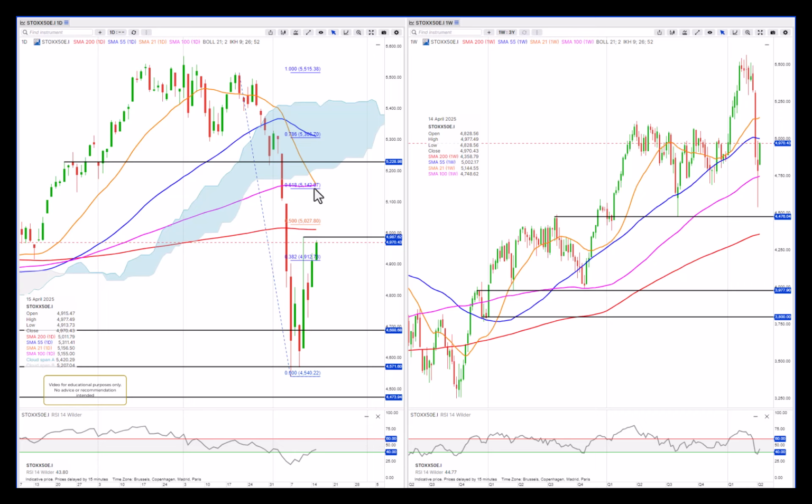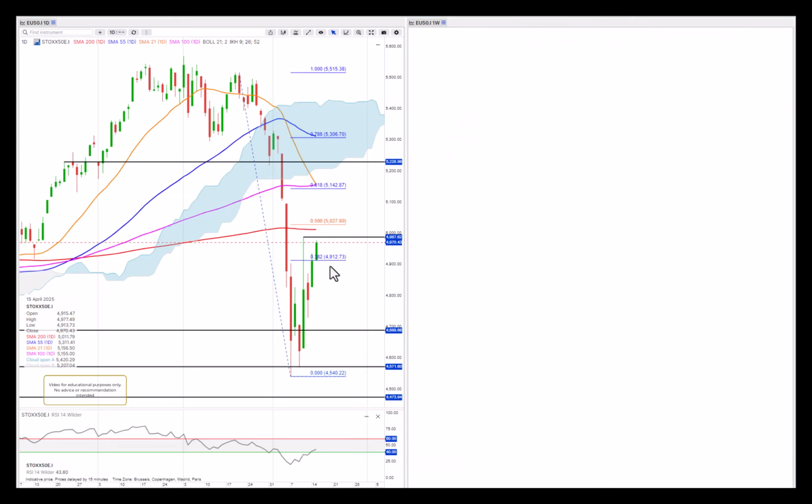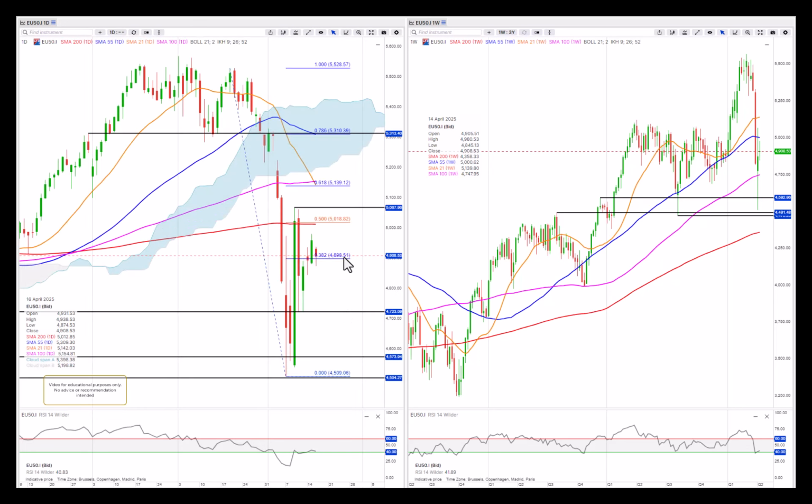And then we have 5,143, which is the 61.8 retracement, and just around the 100 there'll be some resistance, but the strong one is up here, 5,230. Pre-market, very shortly, we can see it's setting back also a little bit. So let's see how this will play out today. Resistance at 5,068 should be observed.